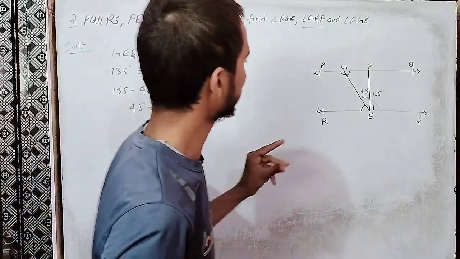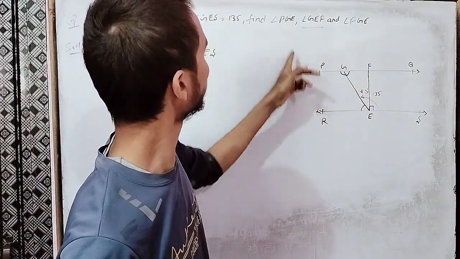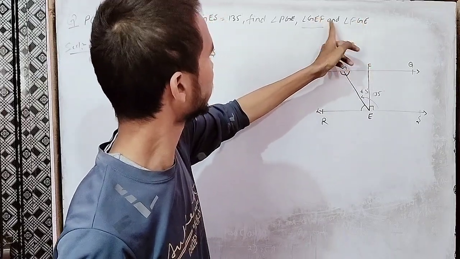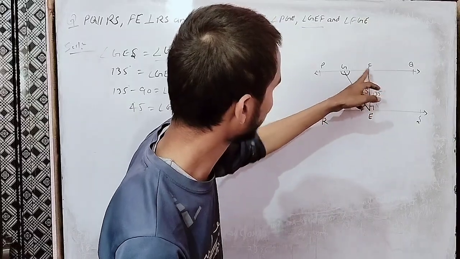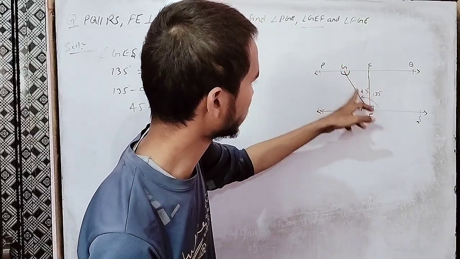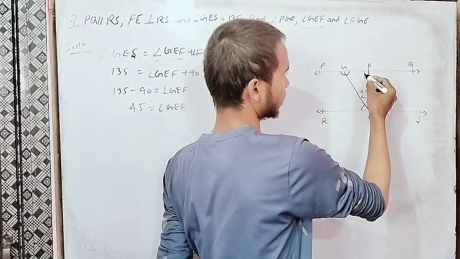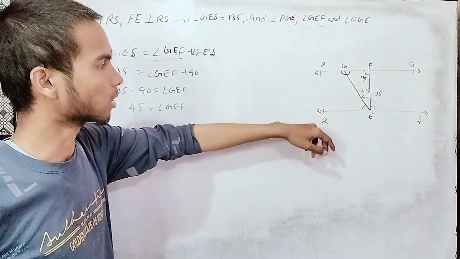Second, GER, GEF, FGE. We can say this is 90 degree because the line is perpendicular.